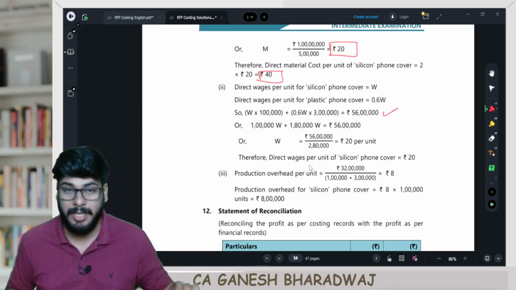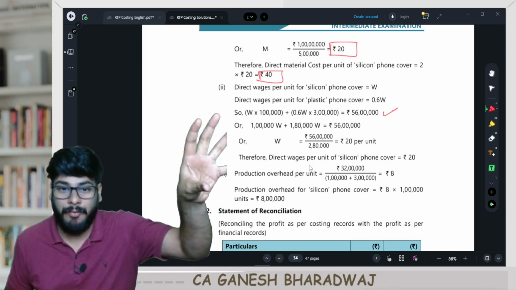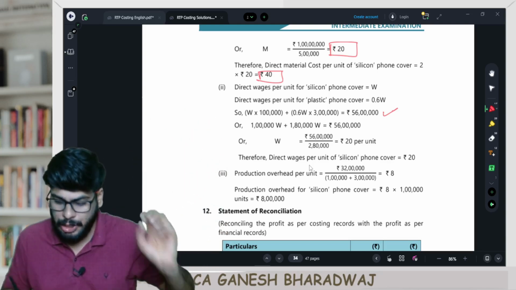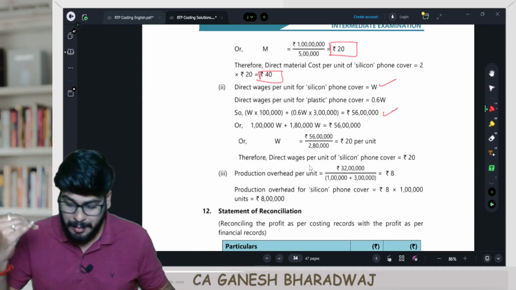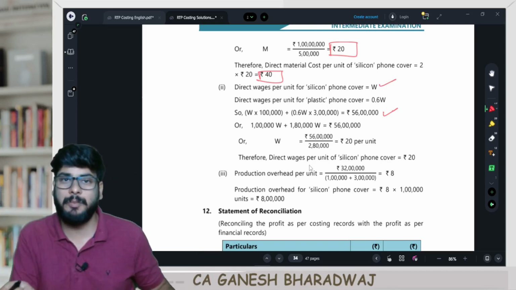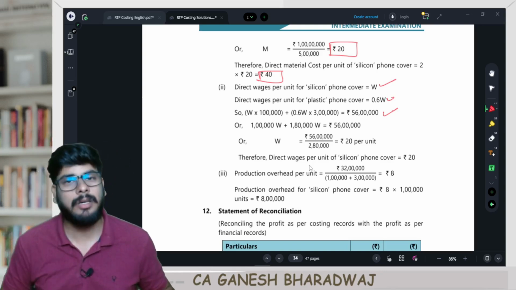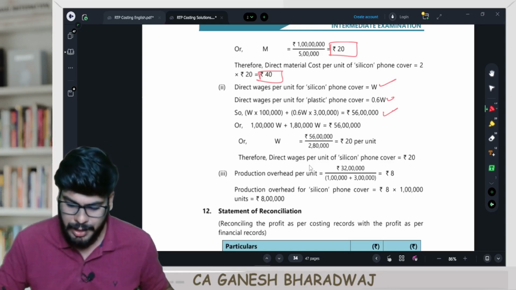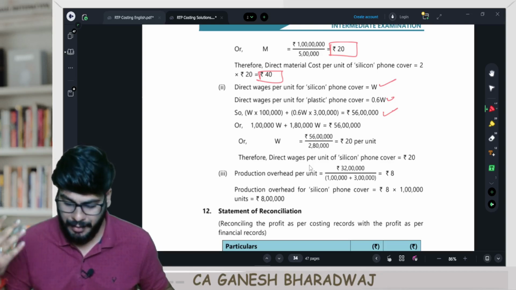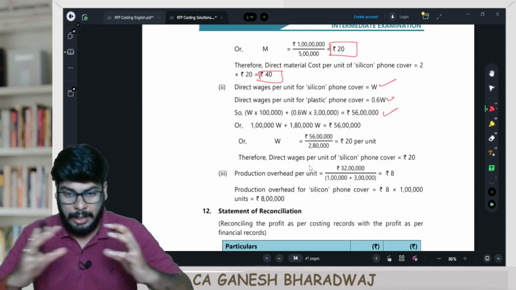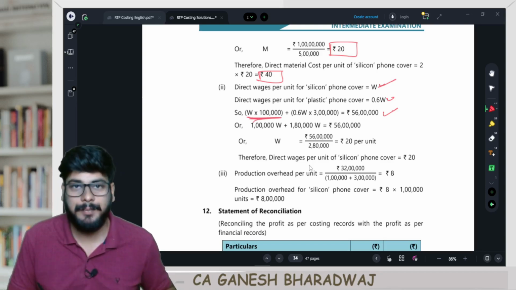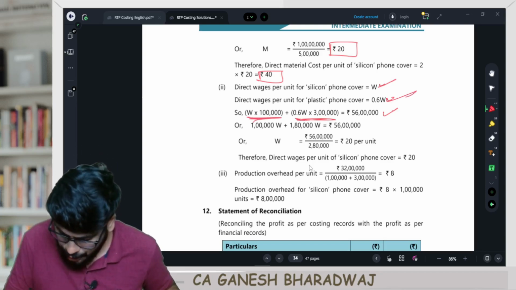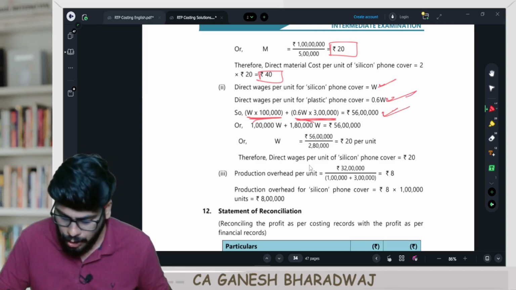So we will keep the direct wage cost per unit of silicon phone cover as W, which means the direct wage cost per unit of plastic phone cover is 0.6 of W. And how many units of silicon phone covers are we manufacturing? 1 lakh. So the total wage equation will be W into 1 lakh plus 0.6 W into 3 lakh, equal to 56 lakh.